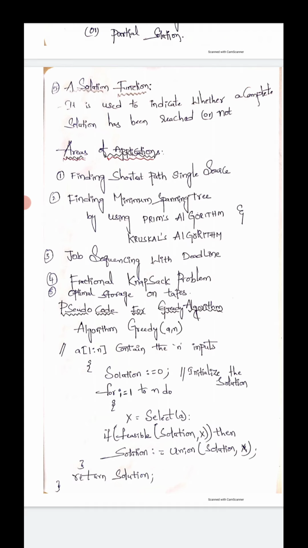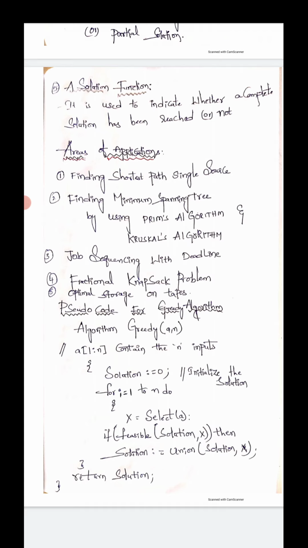In this concept of the greedy method, we have some areas of application. One of the best applications is finding a single source shortest path. The second is finding a minimum cost spanning tree by using Prim's algorithm and Kruskal's algorithm.